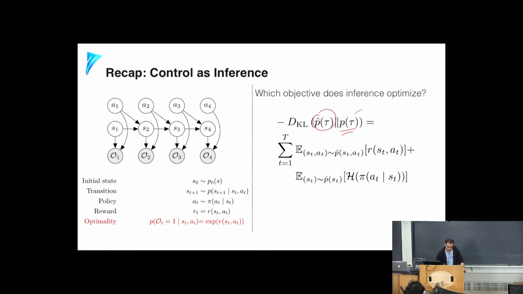So this is our probability over tau given O and T. And after a little bit of math, we realized that it's actually equal to the expected rewards plus the entropy term, which has an interesting meaning: I would like to find a policy that maximizes the reward while acting as random as possible.